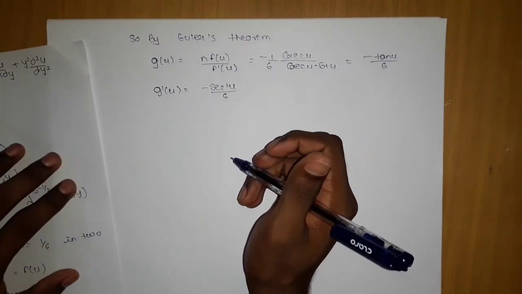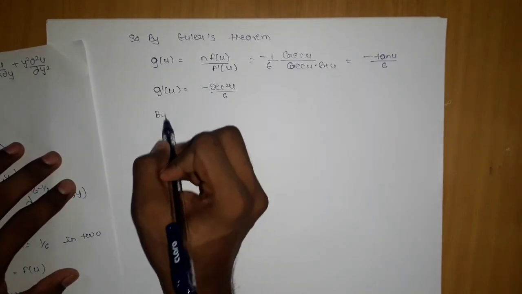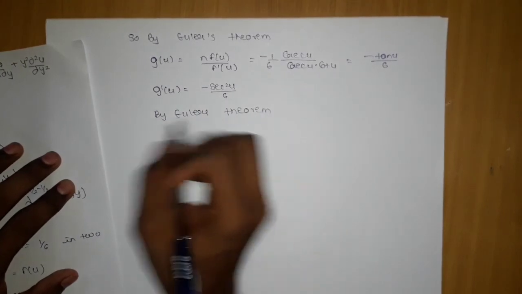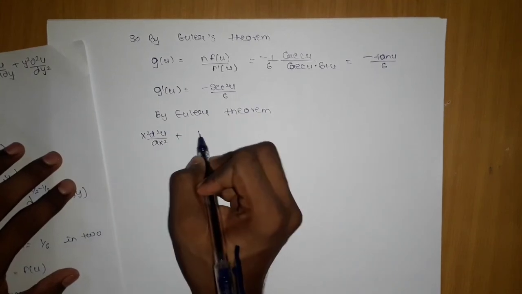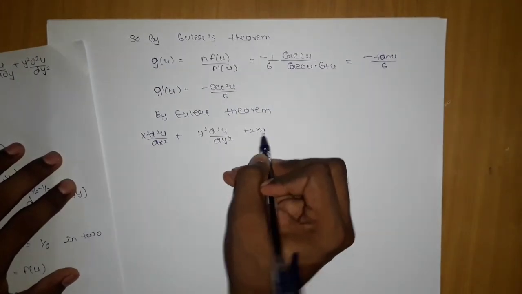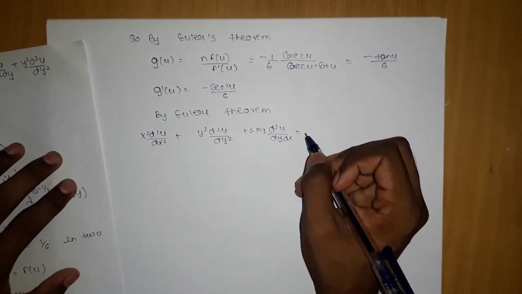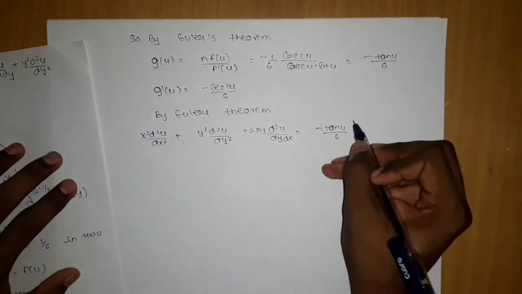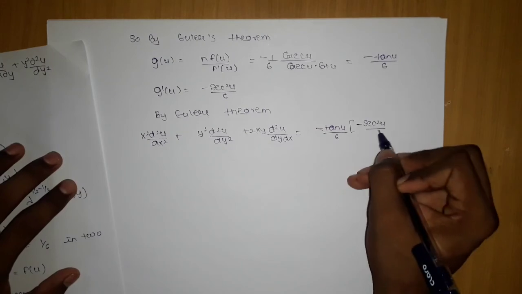So we got this thing. Now we are going to do it by Euler's theorem. x square dou square u by dou x square plus y square dou square u by dou y square plus 2xy dou square u by dou y dou x equals g of u into g dash u plus... that is, minus tan u by 6 into g dash u minus sec square u by 6 minus 1.